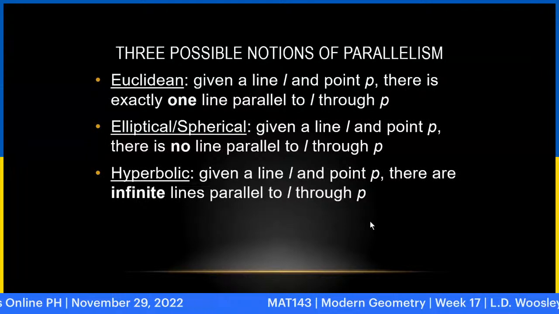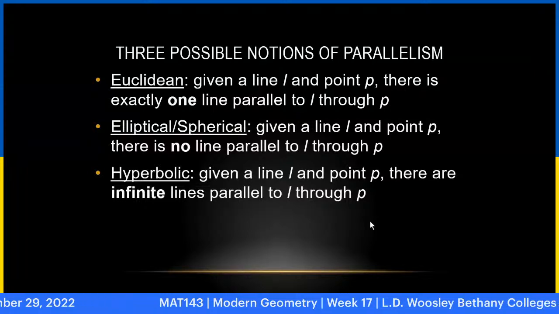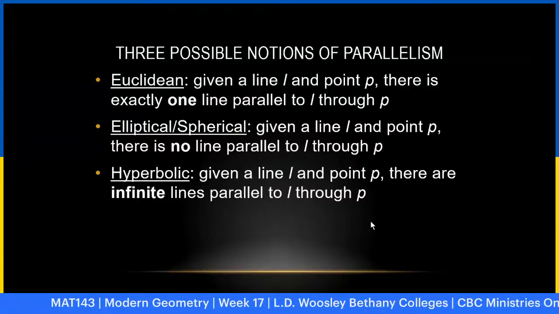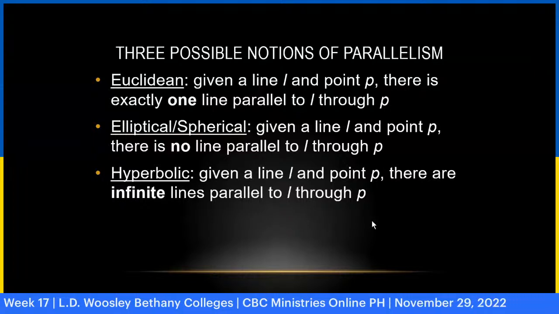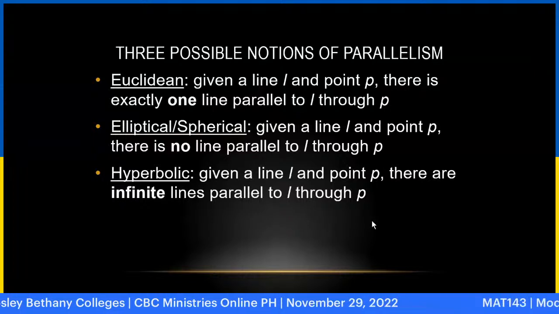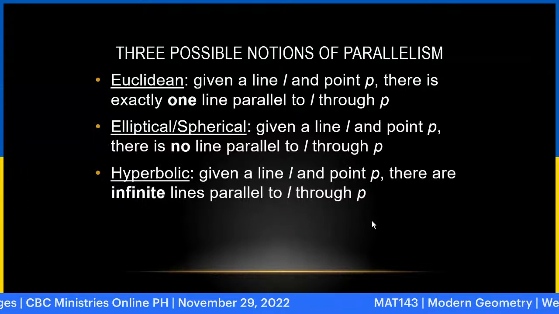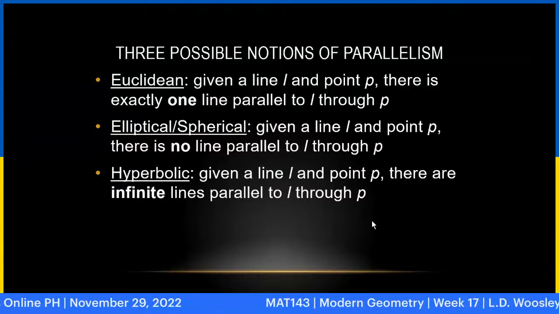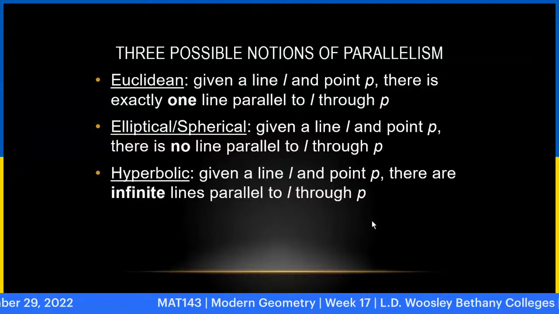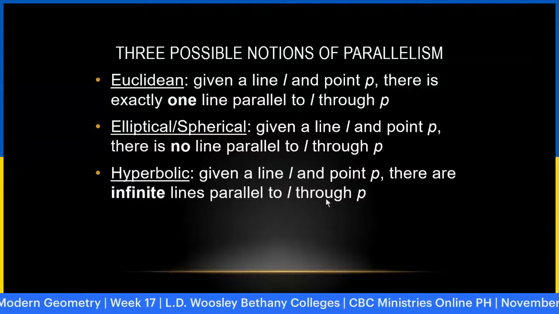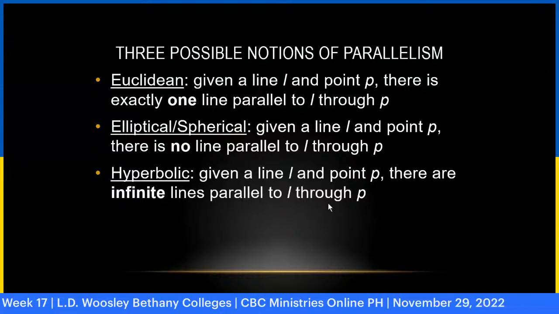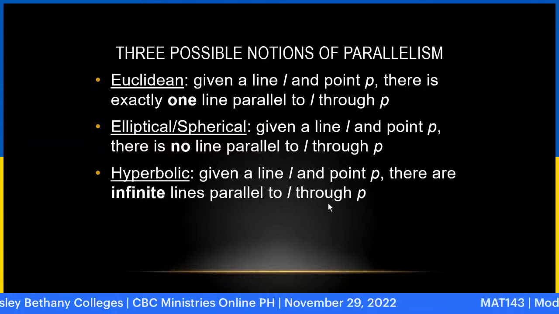Now, three possible notions for parallelism at the contested postulate of Euclid. For Euclidean, there's only one line parallel to the given line through point P. For elliptical or spherical, given a line, there is no parallel line through point P.